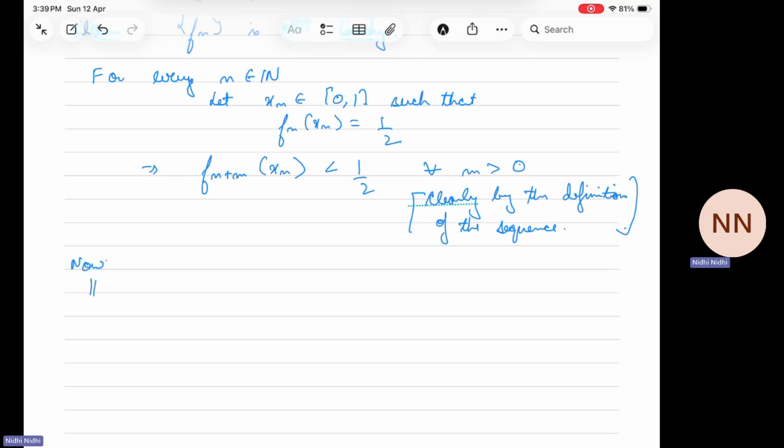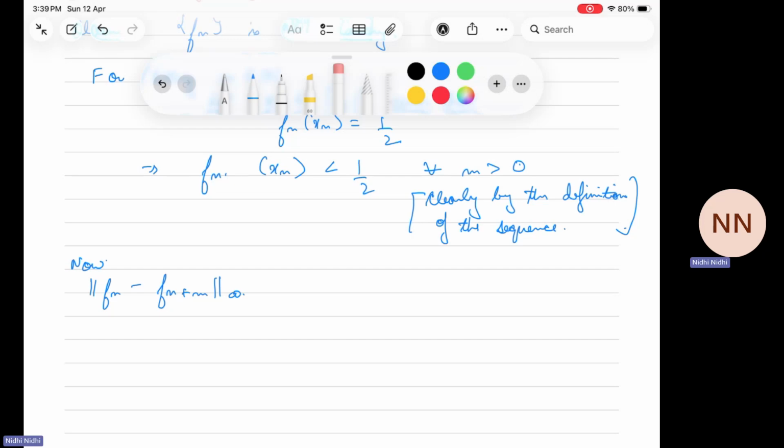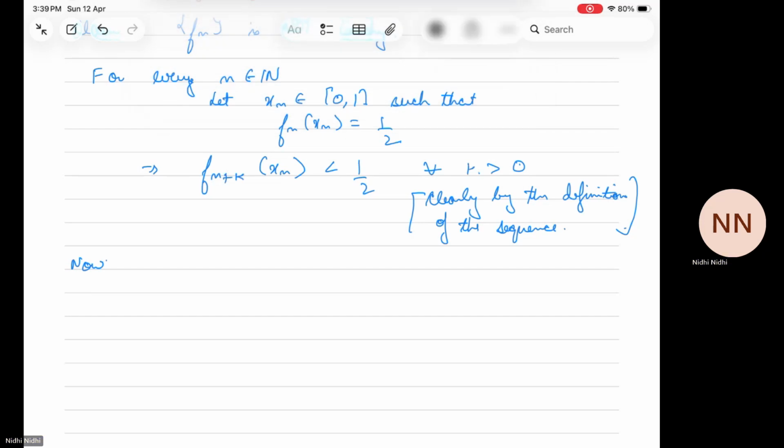We need to see the sup norm. Of course, when we take arbitrary n and m, m can be written as n plus some k. To make it easier to understand, let's take it this way. Let n and m belong to the natural numbers be arbitrary, and without loss of generality, we can assume m to be strictly greater than n.